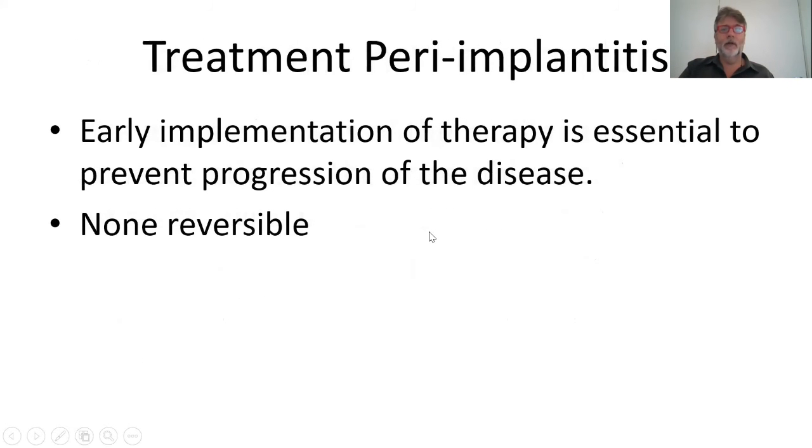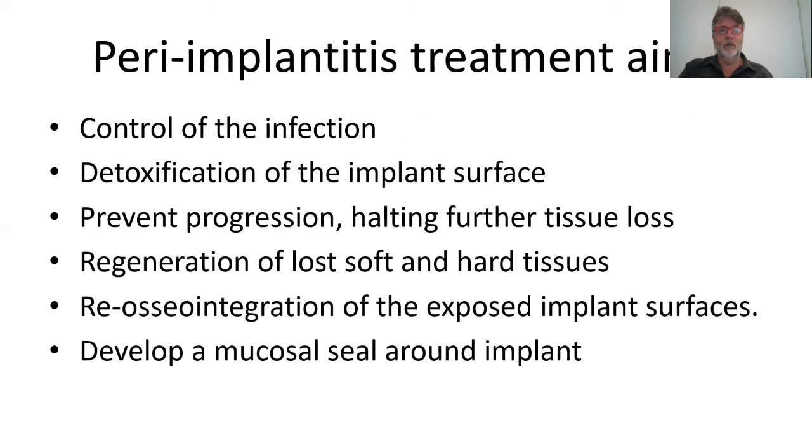Treatment of peri-implantitis: early intervention is essential. Just like trying to prevent it by having maintenance regimes and supportive periodontal treatment, as soon as you start to see it, you've got to stamp on it straight away, because now this is non-reversible. You can't go back. So, control of peri-implantitis, treatment aim: control of the infection first and foremost.